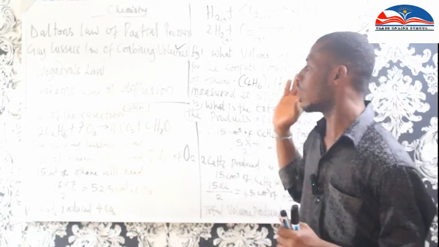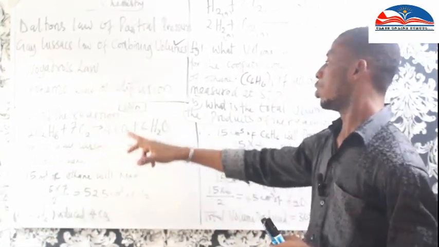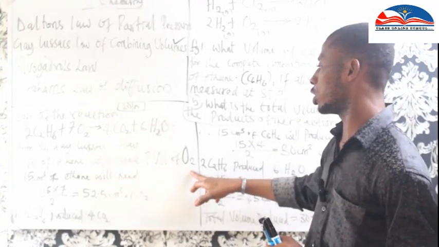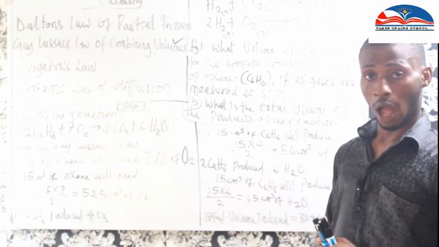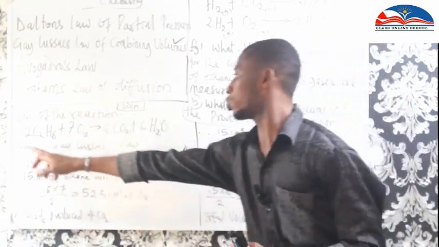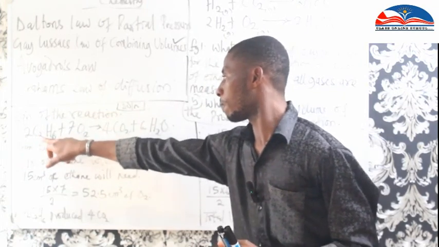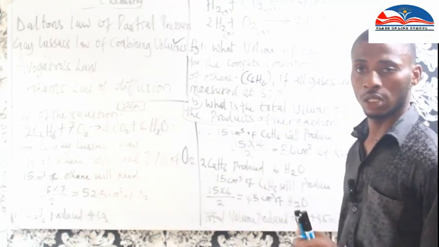Now, from Gauss' law, for 2 moles of ethane, we need 7 moles of oxygen to produce this. Are you following? That is what the law says. That is what the reaction is saying.